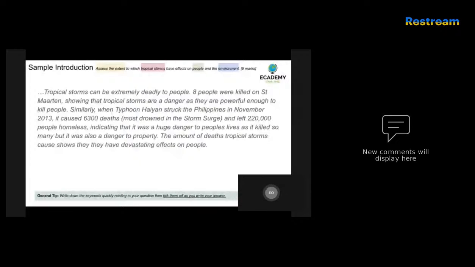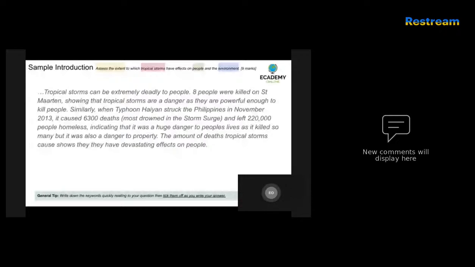So this is a really good answer, a very strong answer that's been written. The candidate referred to specific examples, 8 people being killed, so that's an impact on people. It then qualifies that by saying that this has resulted in fatality. It goes on to talking about how many more people were killed in Typhoon Haiyan as a contrasting example in a specific time, a specific place, and also gave an impact on social impacts on people, 220,000 people left homeless.